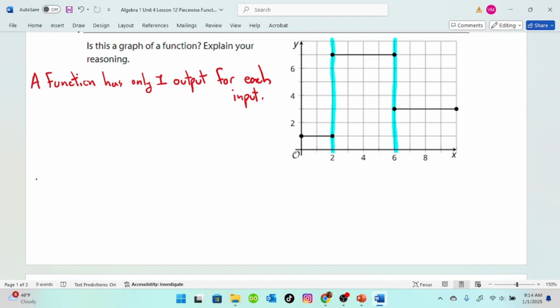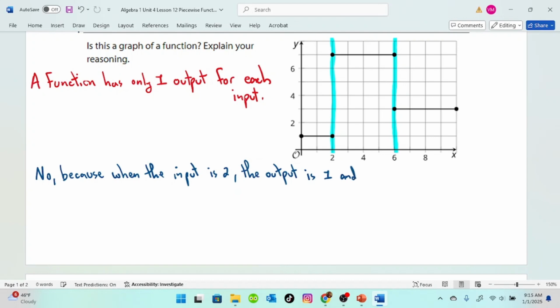So the answer would be no, because when the input is 2, the output is 1 and 7, and when the input is 6, the output is 3 and 7.